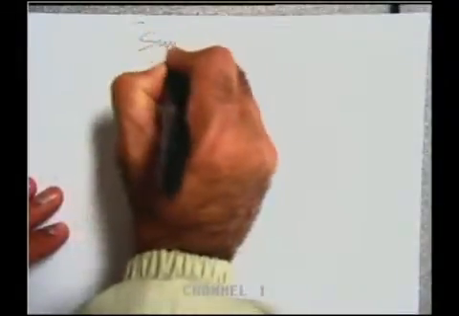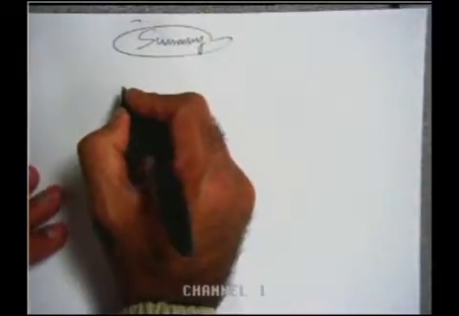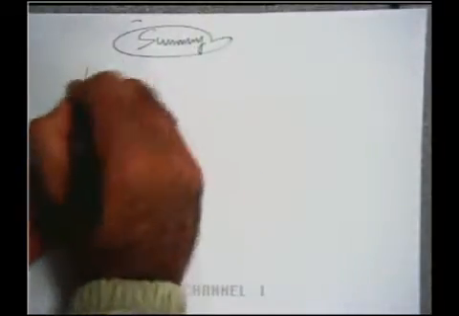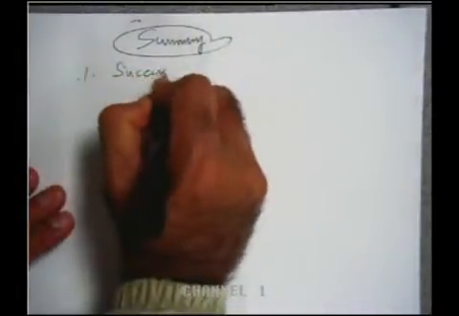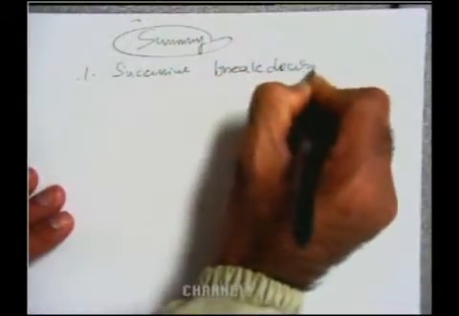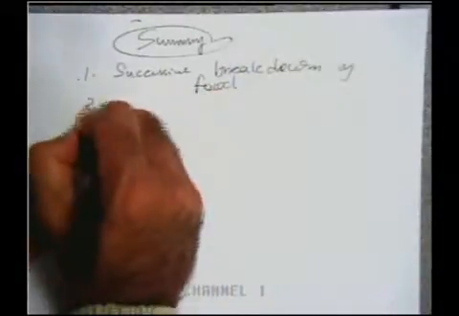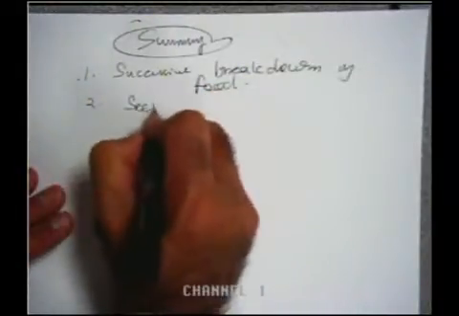So when you do the summary of this class, what we discussed now, we have done the successive breakdown of food materials, right? Whatever we eat. Now secretion of enzymes.